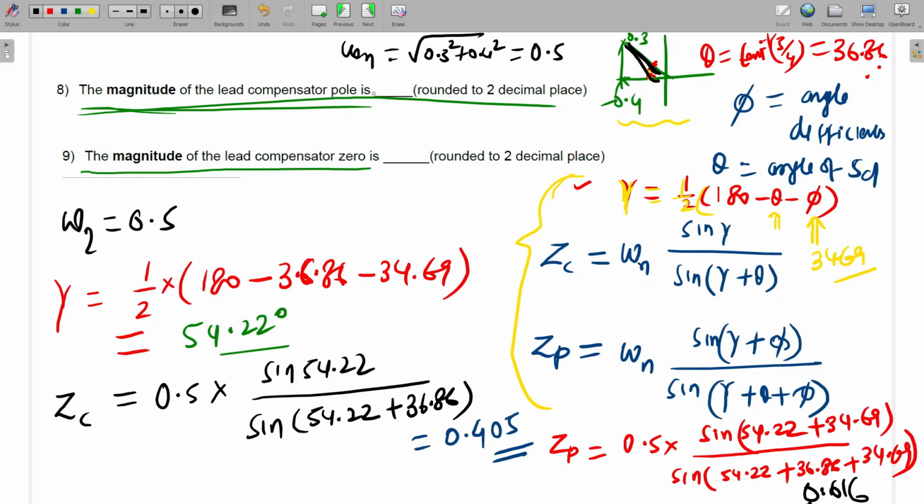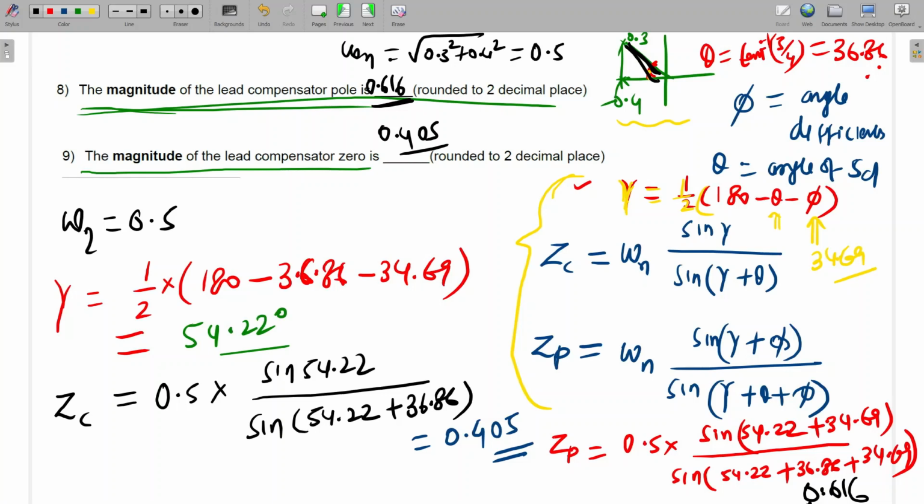So pole will be 0.616 and zero will be 0.405. Is it correct? Yes, sir.